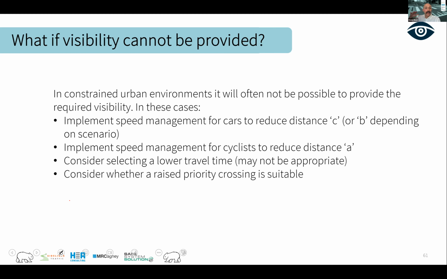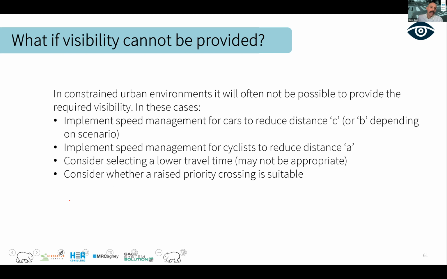You can do that with chicanes, or often you just have a turn in the bike facility, or in Australia and New Zealand, there's a bit more use of vertical deflection. So a raised platform on the approach for cyclists to slow them down as well. And that's going to reduce that A distance, okay?